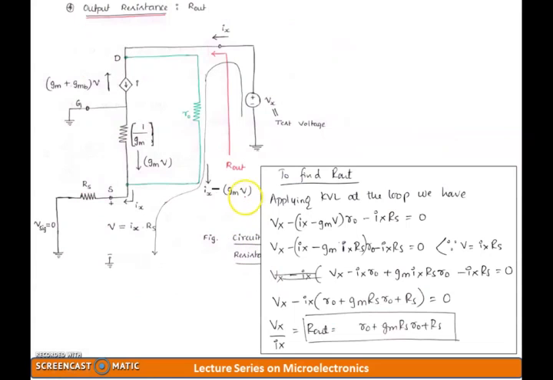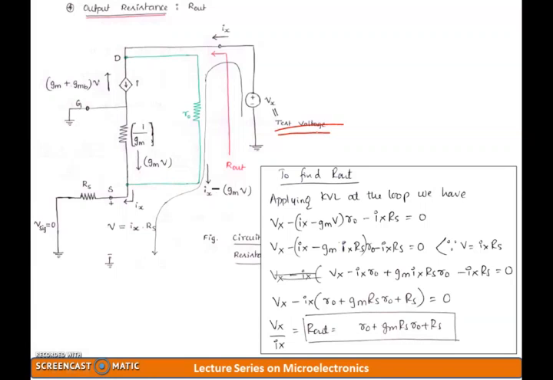Moving ahead, what would be the output resistance? Now, in order to identify the output resistance, I should peek inside the circuit from the output terminal by attaching a test voltage. Now this test voltage is nothing but a virtual voltage which you are applying at the output side, just to figure out what happens if I apply a voltage at the output terminal and then pass on the current, how does the circuit behave.